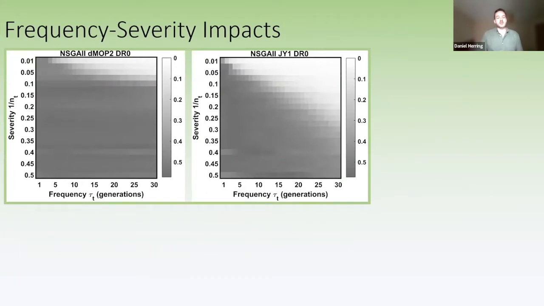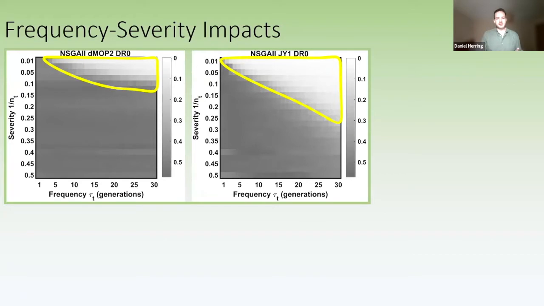So a typical patterning of performance we see on some of the problems is shown in these 2 heat maps. In the top right of each plot, we see this lighter region, white cells indicating perfect hypervolume attainment. And this extends to the left and down as the frequency gets lower and the severity gets higher. The good performance drops off.